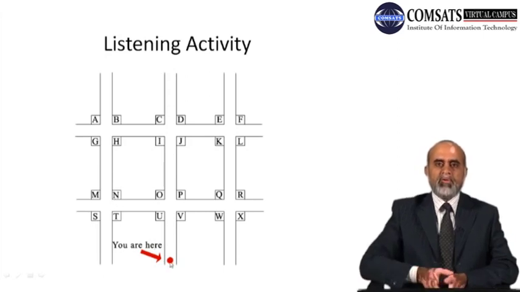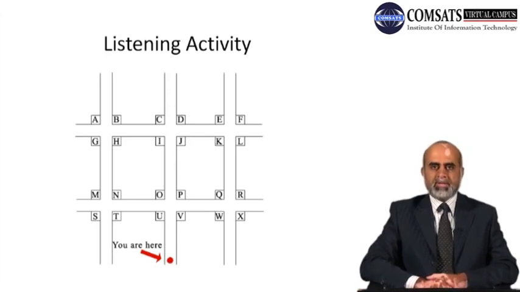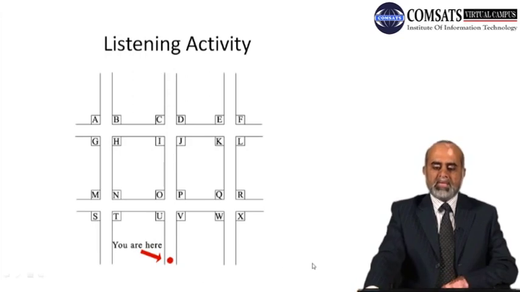If you were able to follow it, congratulations. If you are not able to follow it, it's okay, because it'll take some time. So maybe in the beginning you are not able to follow it, but I would like you to listen to it again if you can. Okay, this is the listening activity.